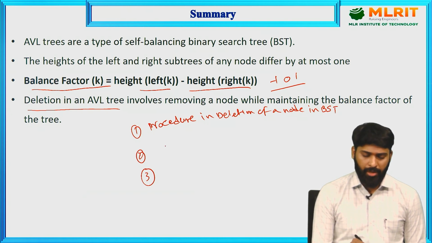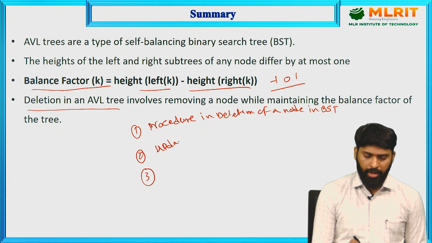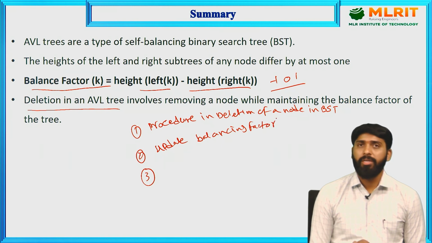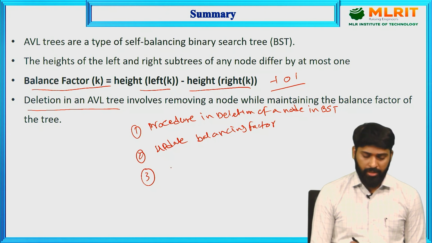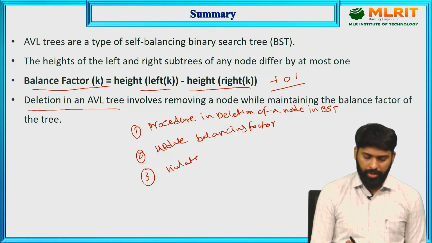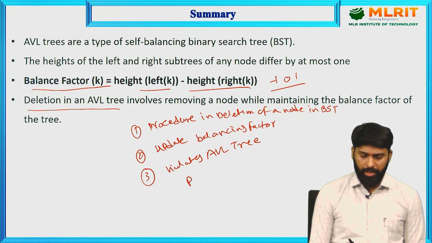Okay, second step, update the balancing factor of all the nodes present in the tree. If it violates the AVL tree property, then apply rotations. That's it.